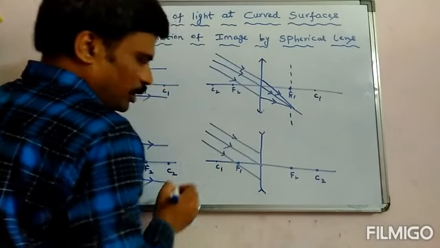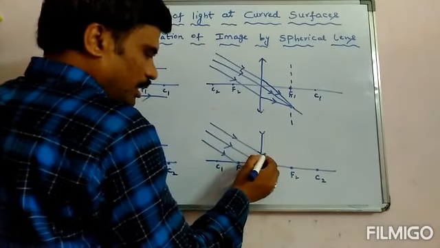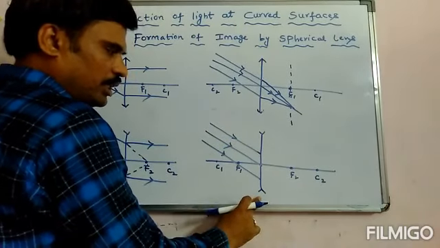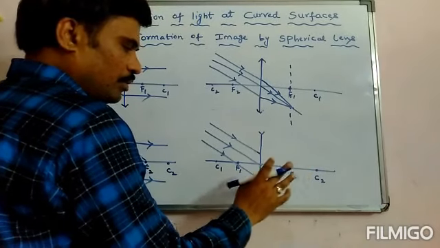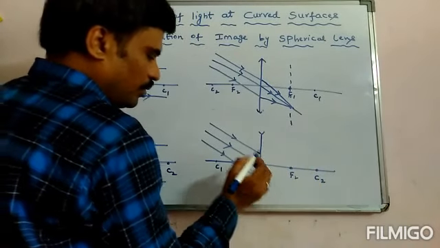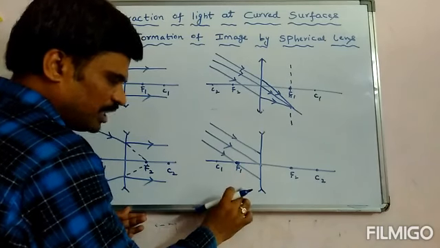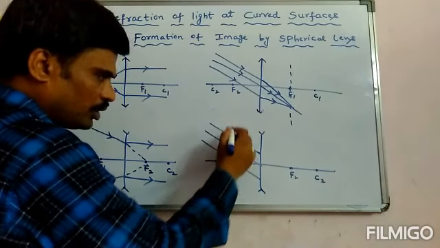Right. In case of a concave lens, if some parallel rays are incident, then what is going to happen? I said already, any rays incident on the concave lens will diverge. But how will they diverge? First of all, we have to draw the focal plane on the principal focus, that is the first focus.